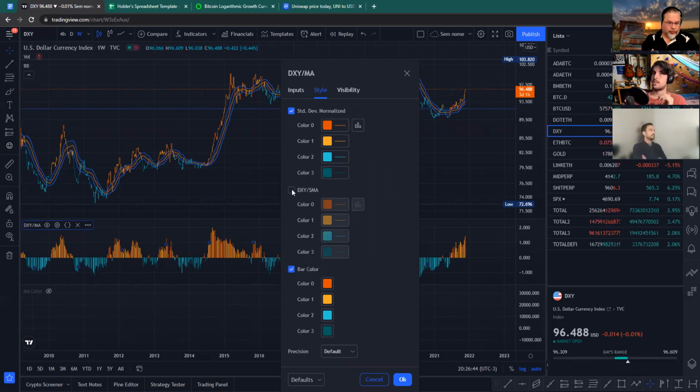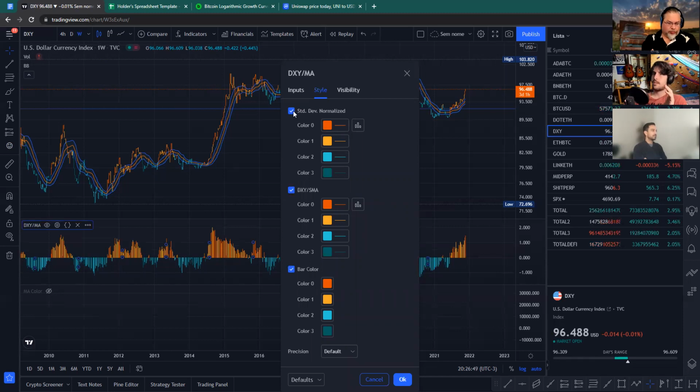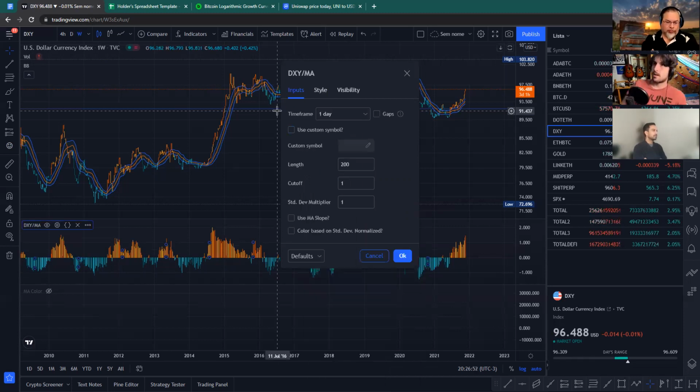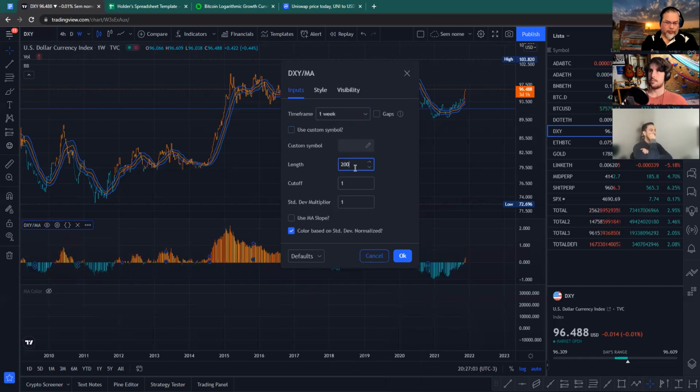For the DXY specifically, it doesn't make that much of a difference. As you can see, it stays the same. But for one other indicator that we'll see in just a bit, it makes quite a meaningful difference, okay? So, all right, let me go to 1 week right here and 20 week.